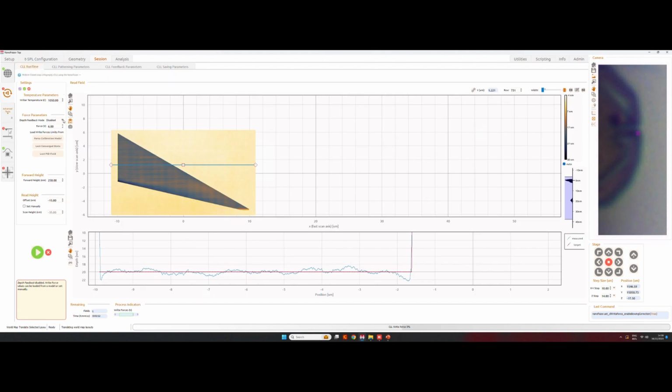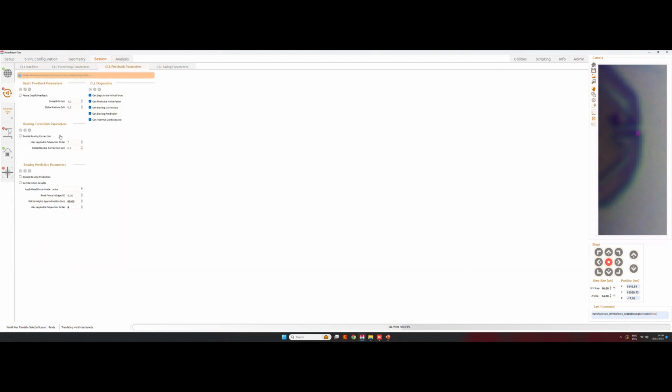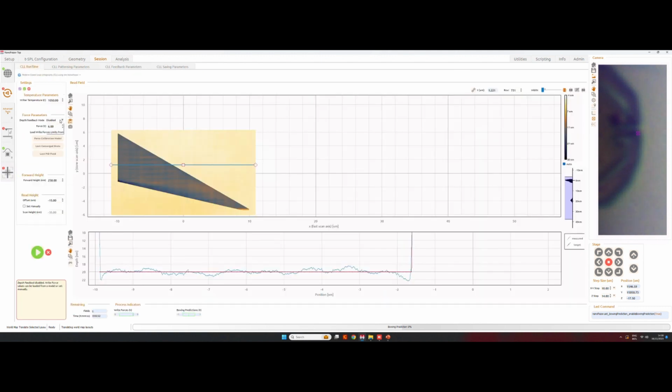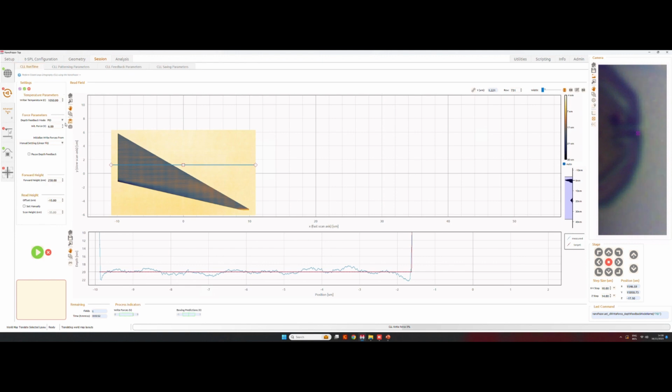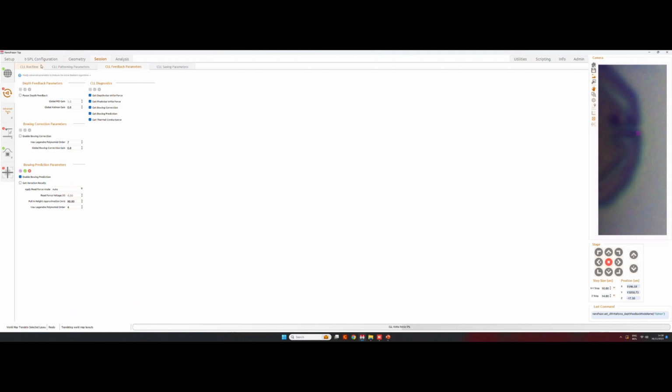On the other hand, we can see that for the bowing prediction, we can turn this parameter on whether we have disabled feedback mode, PID feedback mode, and Kalman feedback mode. So this is one thing to keep in mind.